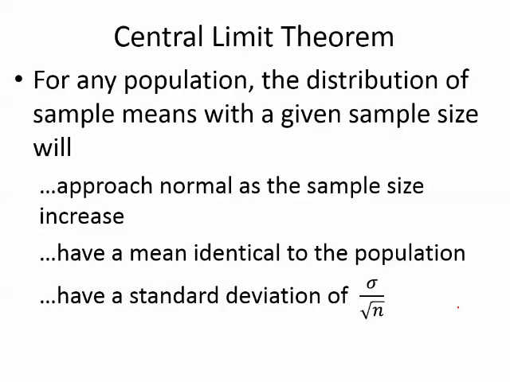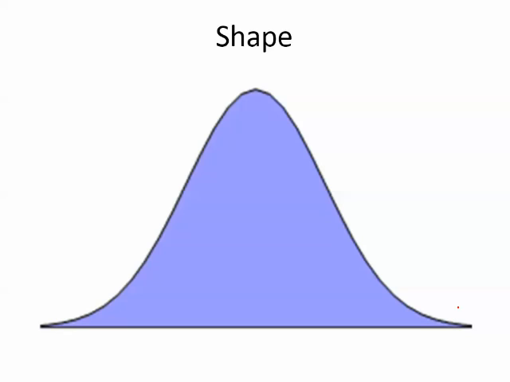First, let's look at our shape. This is probably the easiest one for us to look at. As we said, as sample size increases, it's assumed to be normal. Now, let's be a little more specific about that. There are two situations in which the distribution of sample means will be normal. The first one is kind of obvious.